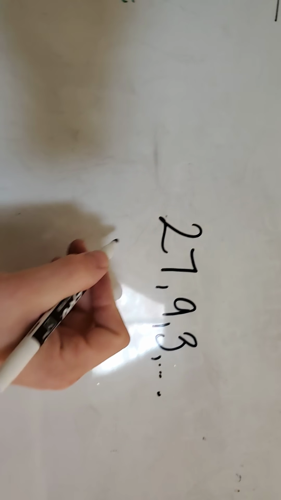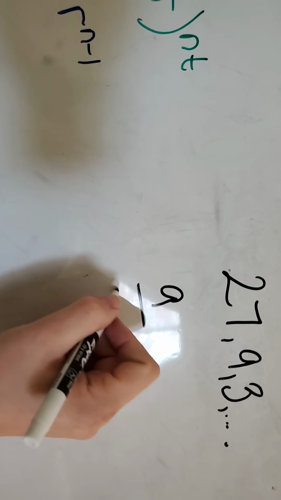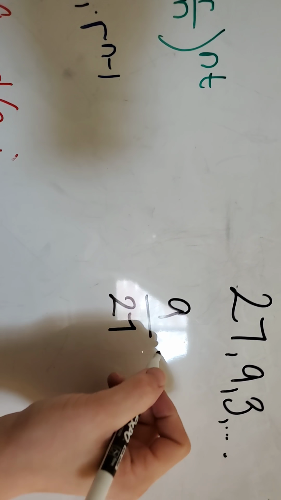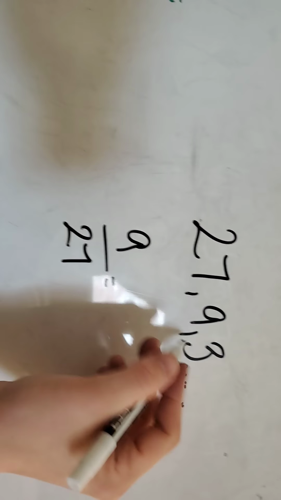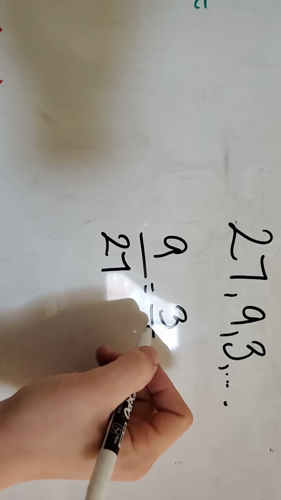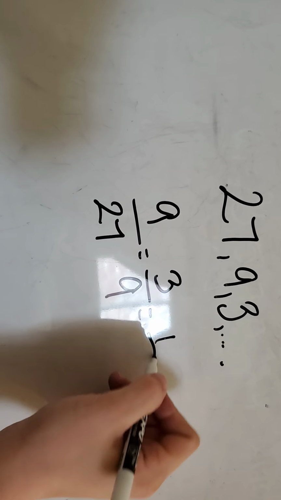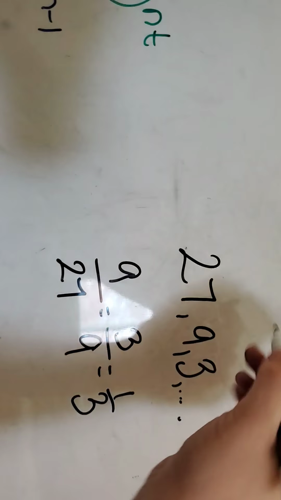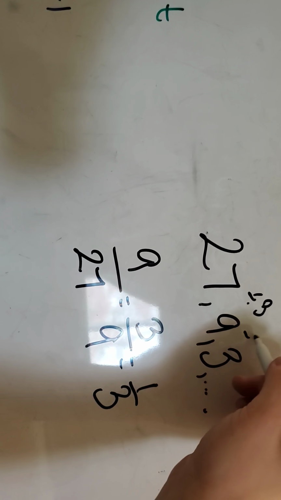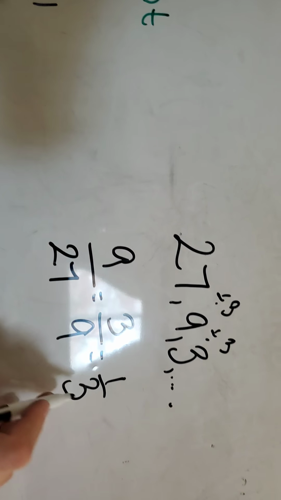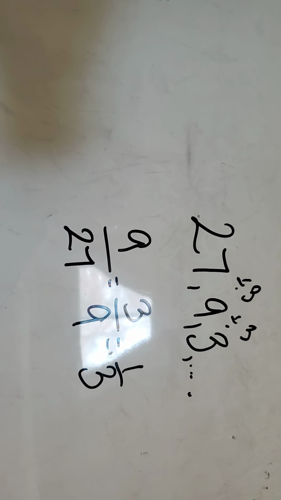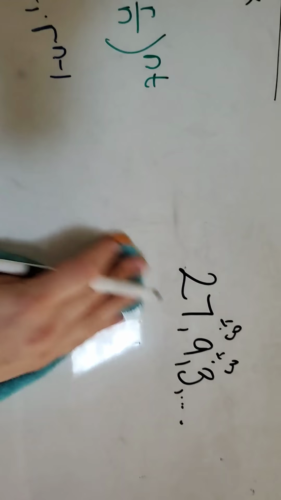So if I pick my term as 9 and I divide by the term before it, what is that? It's got to be a common ratio. It has to be the same as pick a term, 3, divide by the term before it, 9. What is that? Well, these simplify to 1 over 3, right? Each time we're dividing by 3, which is the same thing as multiplying by 1/3, multiplying by the reciprocal.